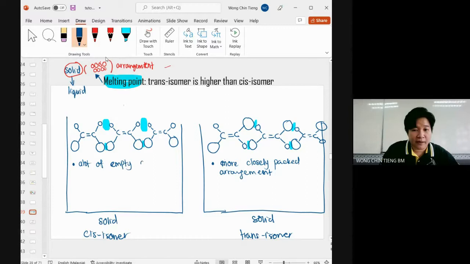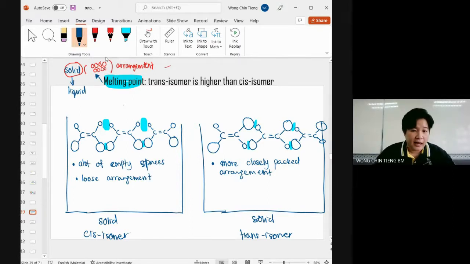Kenapa a lot of empty spaces? Because less closely packed. Loose arrangement. Ataupun less closely packed, boleh, tak ada masalah.